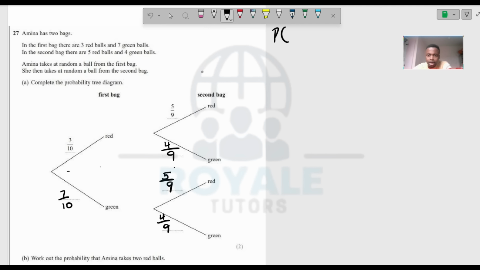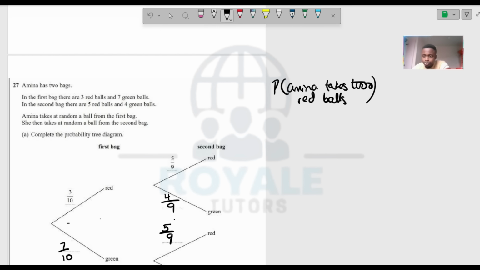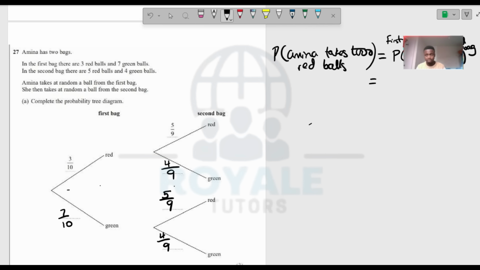So the probability Amina takes 2 red balls is going to be equal to the probability of Amina taking a red ball in the first bag, and Amina picking red as well in the second bag.